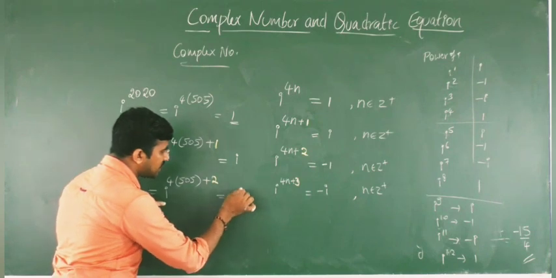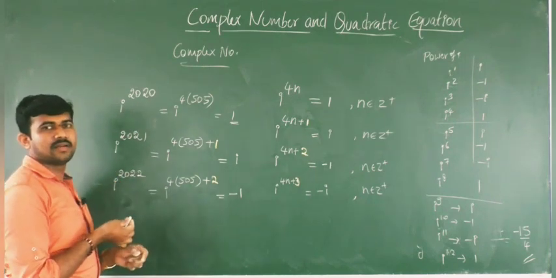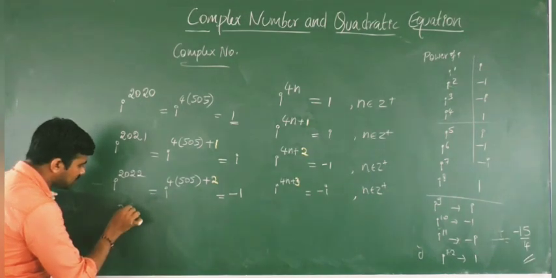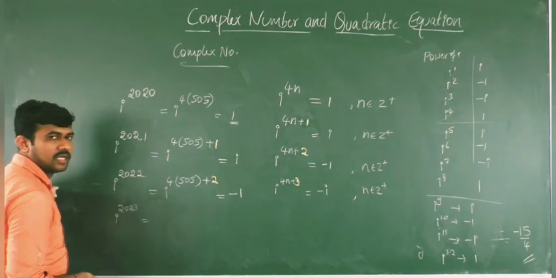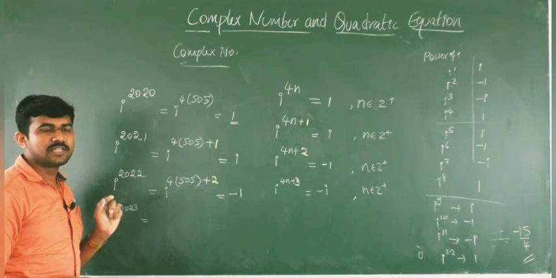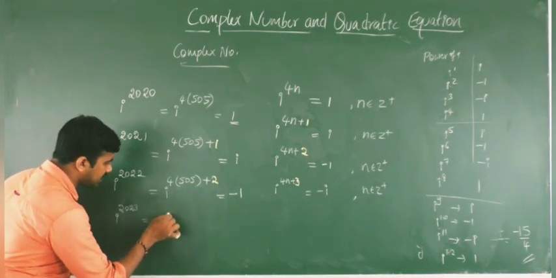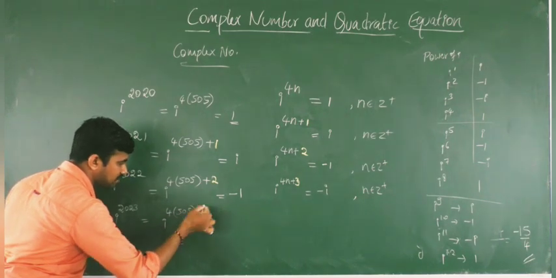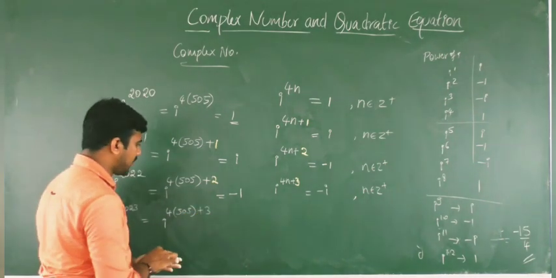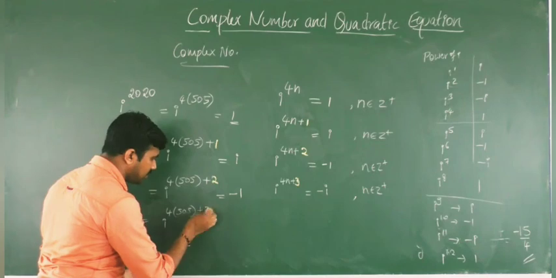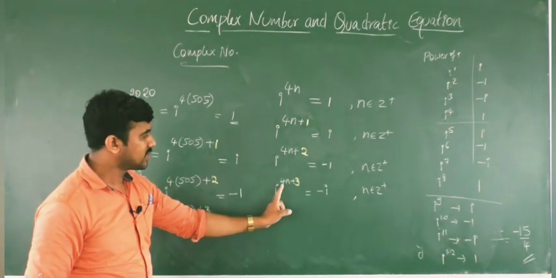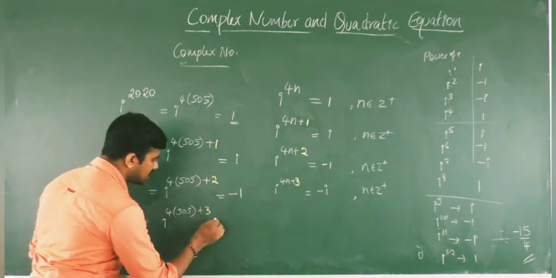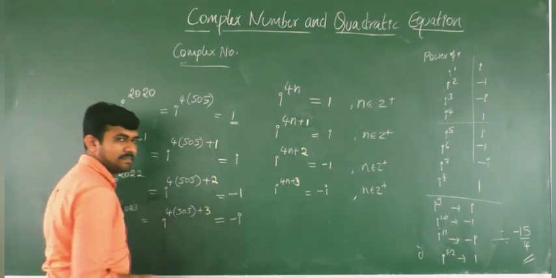Now the next, i to the power 2023. This is nothing but i to the power 4 into 505 plus 3. It is in the form i to the power 4n plus 3, so its value is minus i. Like this we can say directly.